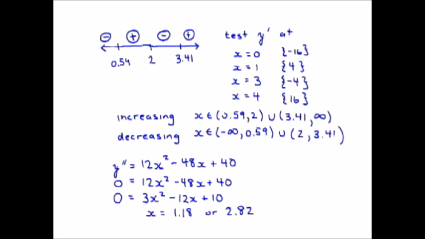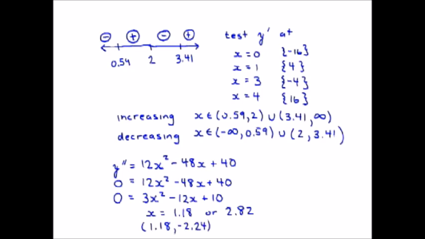Remember, these are the x coordinates for my points of inflection, but I need the corresponding y coordinates. So I substitute these x values back into our original quartic equation, or fourth degree polynomial, and I find that when x is equal to 1.18, my corresponding y is -2.24.